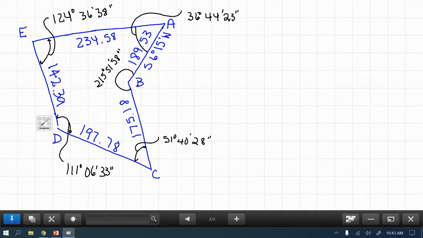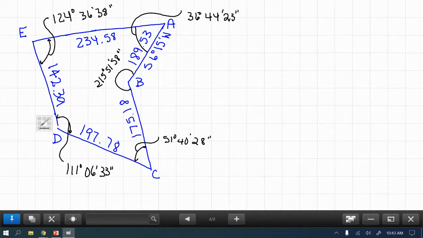If you go counterclockwise, you would add. The example we did was on page 172, that table 7-2A. We added the angles. When you did your big traverse around the building, if we went clockwise, you subtracted them.